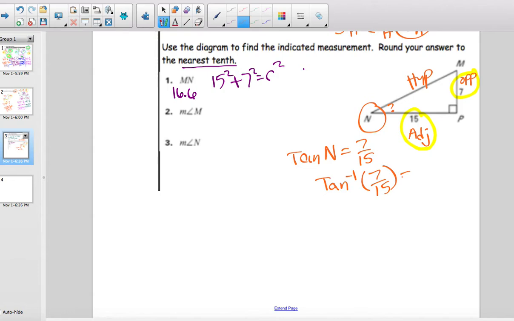And then that will equal the value of the angle, the n. So it's kind of like getting the angle out of this expression by doing the inverse of the ratio there. So inverse tangent of 7/15 will give you the angle. So I'm going to show you how you do that in the calculator.